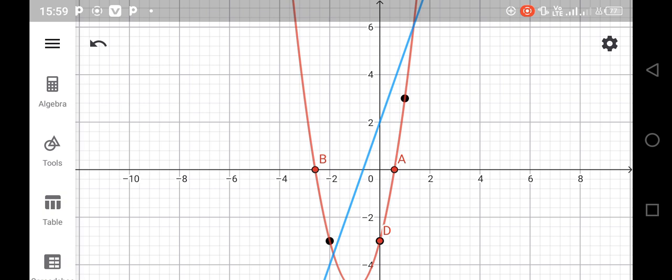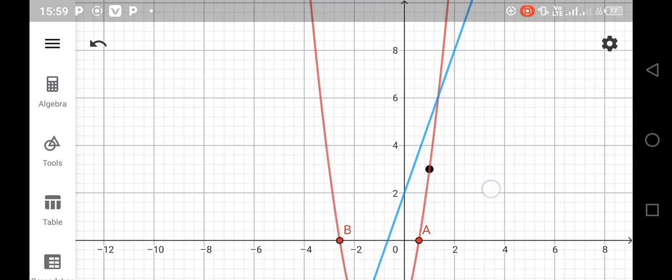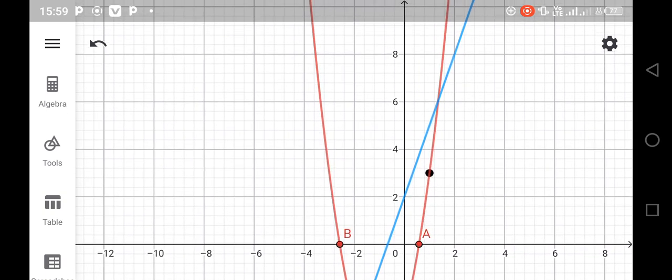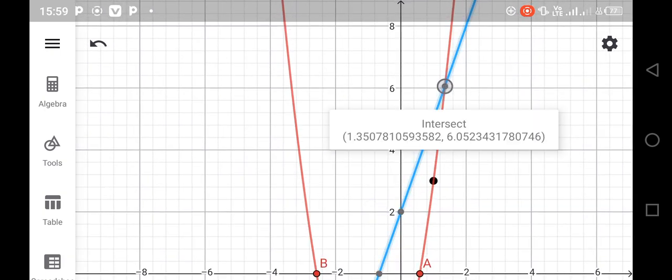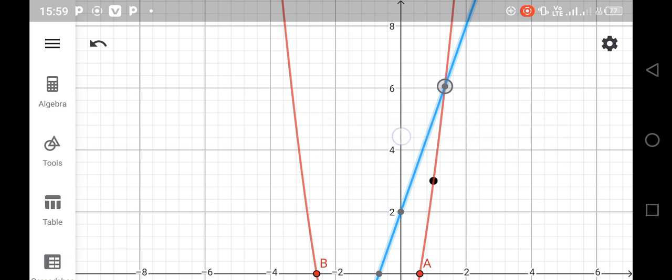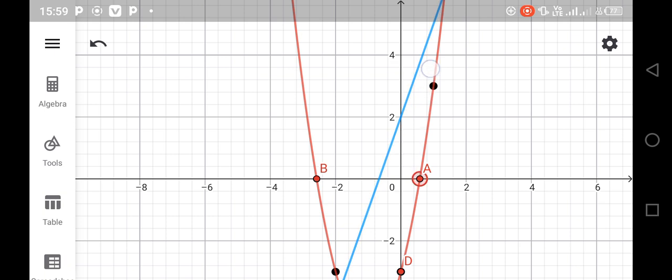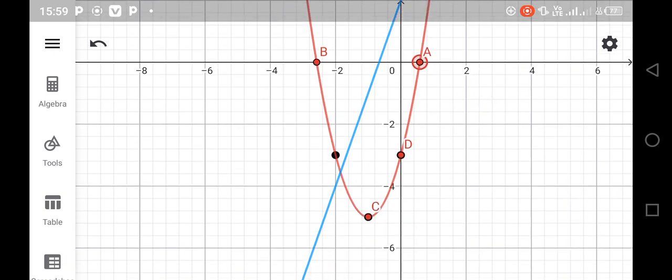We need also to obtain the roots. For us to obtain the roots is to see clearly where the straight line intersects the curve. At that point, you can see that it intersects at 1.35 and 6.05. Those are the points where we're going to find the roots. Another point also is down here.